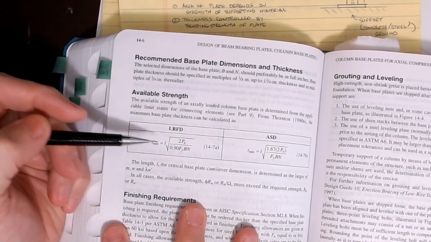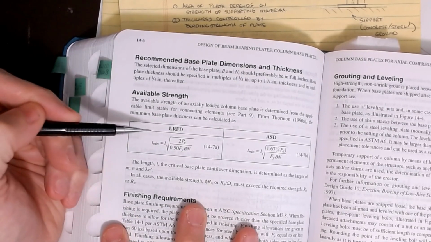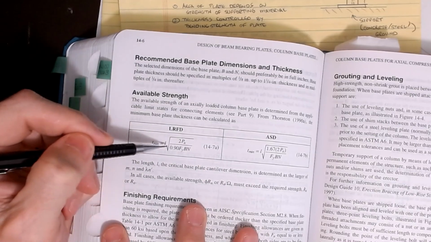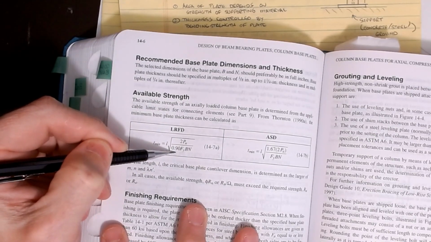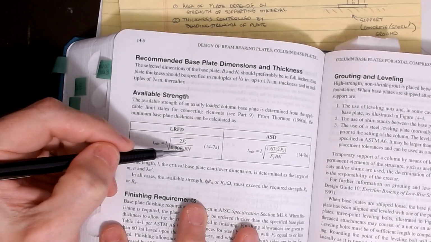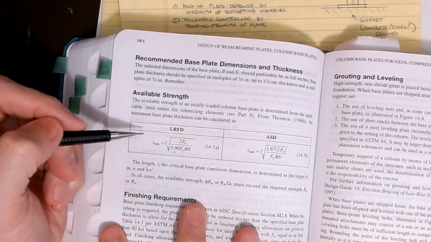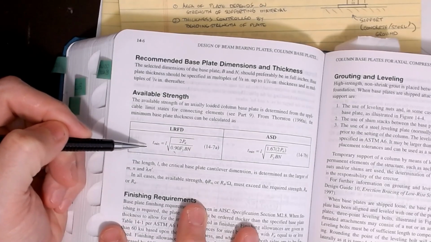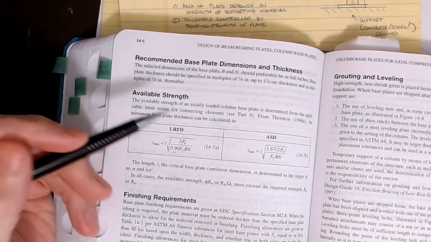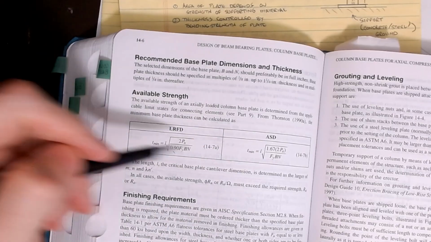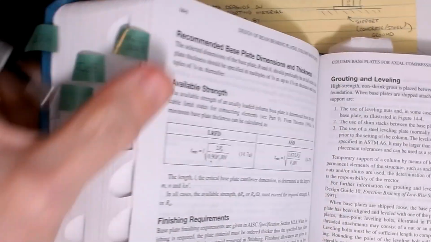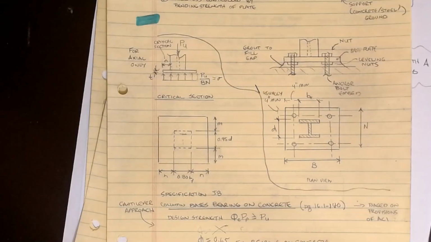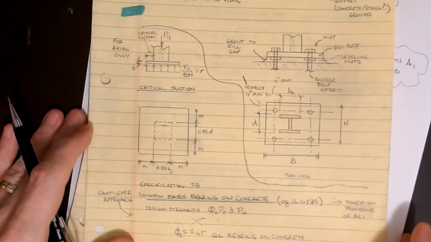You can see that it's an L parameter, which I'll explain in a sec, times the square root of 2 times Pu over 0.9 Fy B N. There's your phi factor, then my yield stress, and then B times N. So the size of the plate greatly affects the minimum thickness that you're allowed to have, and that's how we start to size all of these. This is where the thickness equation is going to come from. So that's our basic guidelines for what we're trying to do.